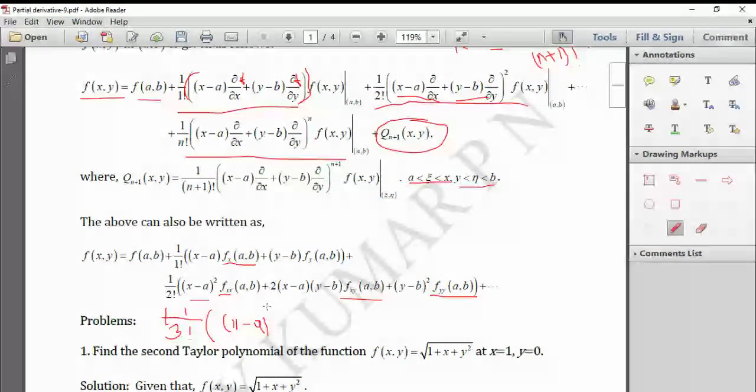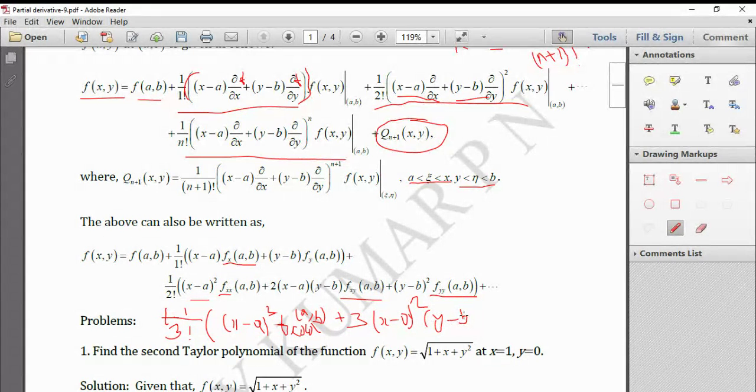So (x minus a) whole cube into fxxx at (a,b). Next, plus 3 times (x minus a) whole square into (y minus b) into fxxy at (a,b).